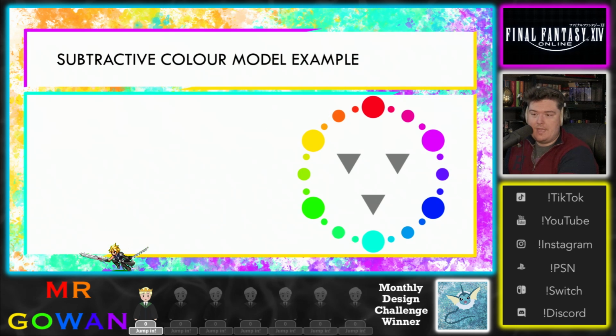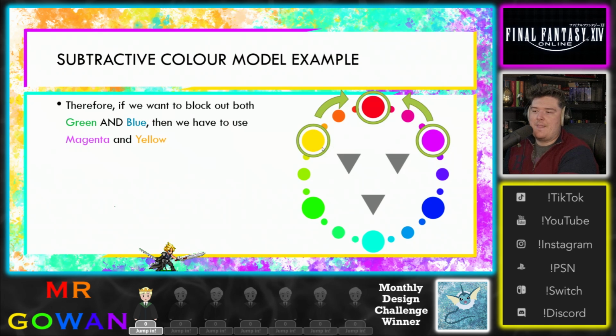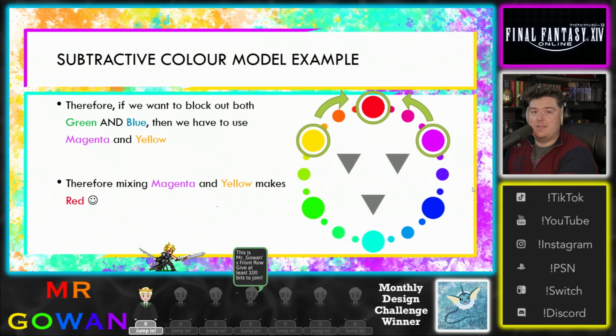So if you want to see red, you have to block out green and you have to block out blue. Blocking out blue leaves us with yellow, and blocking out green leaves us with magenta. Then mixing yellow and magenta will actually give you red.